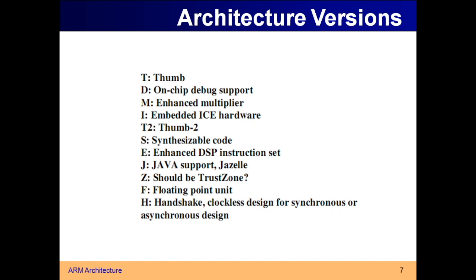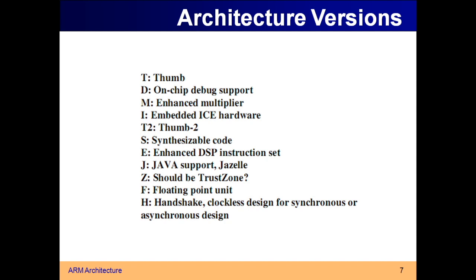So the code density will be increased, but the performance will be degraded because it can operate only on 16 bits of data. The ARM instruction set can operate on 32-bit data. So whenever you need more performance, you will use the ARM instruction set. If you need high code density, you need to go for the Thumb instruction set.